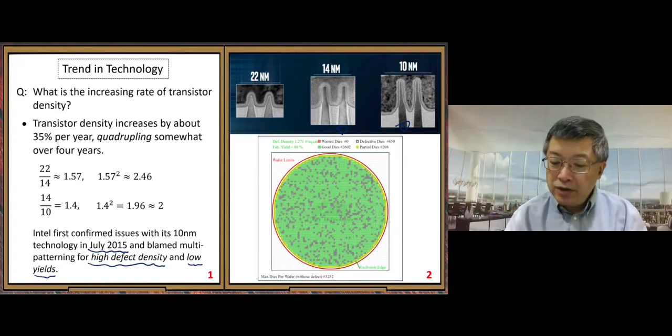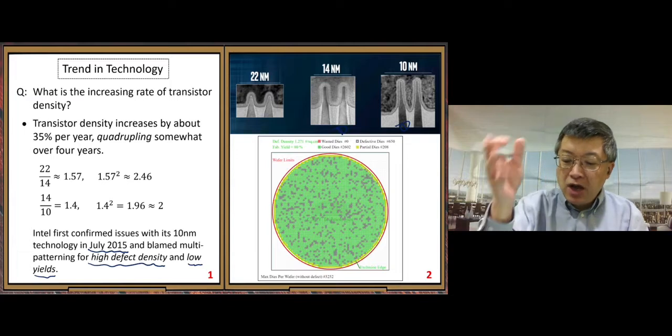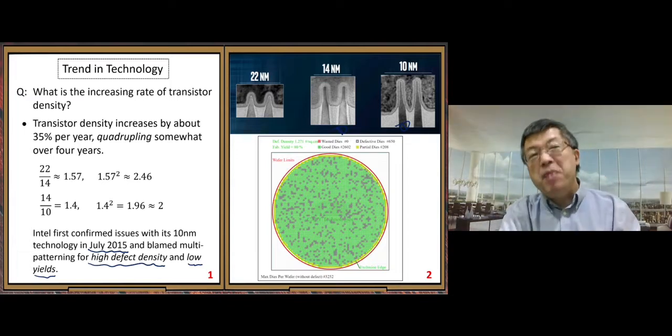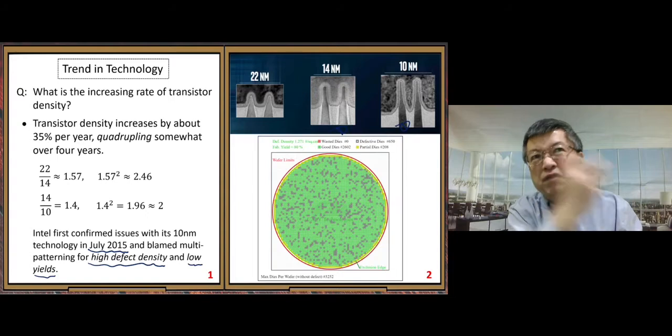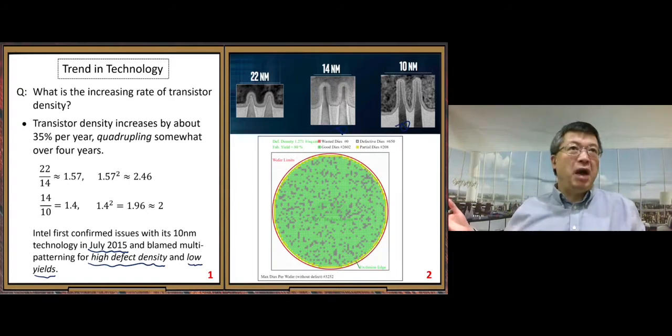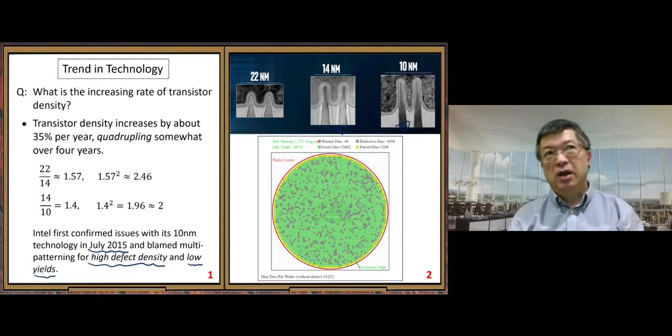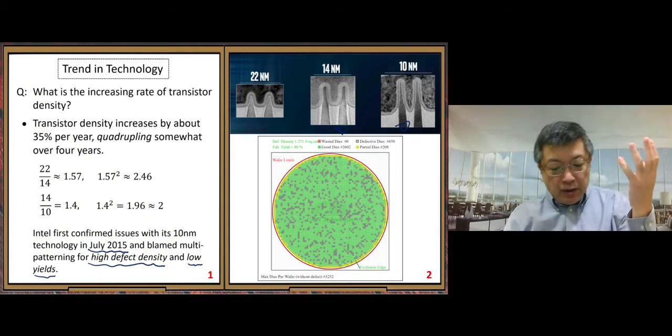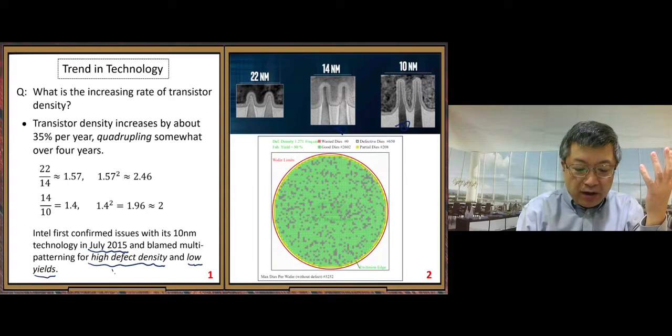So how many of those defective dies? 650. That many. 650 dies, chips cannot be used. You have to throw away. That ratio is called the defect density.